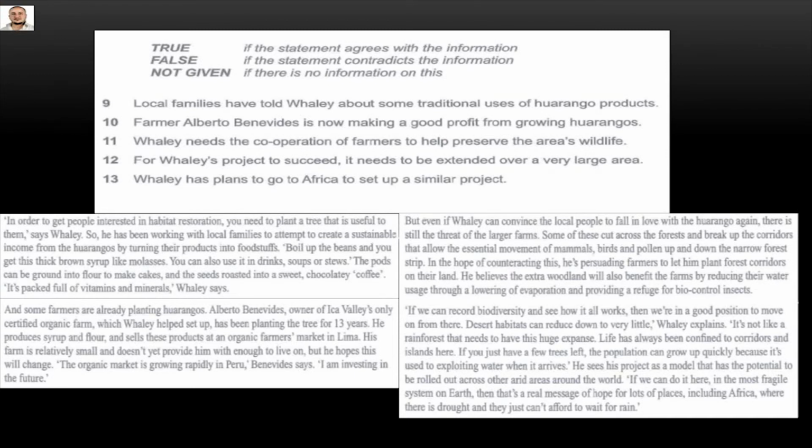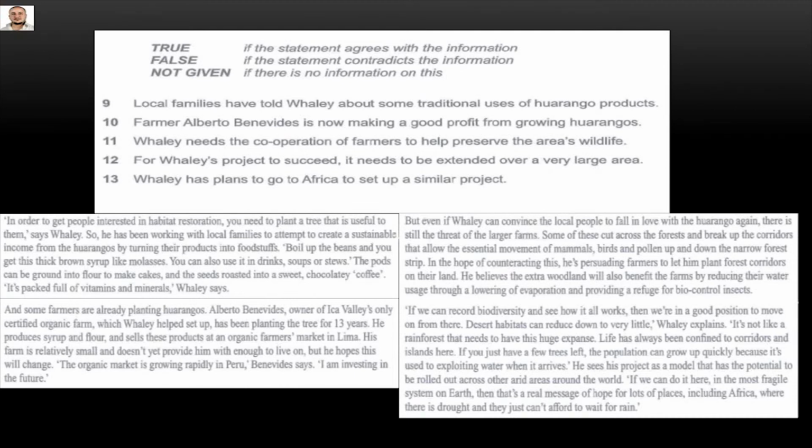But even if Wally can convince the local people to fall in love with the algarrobo again, there is still the threat of the larger farms. Some of these cut across the forests and break up the corridors that allow the essential movement of mammals, birds, and pollen up and down the narrow forest strip.